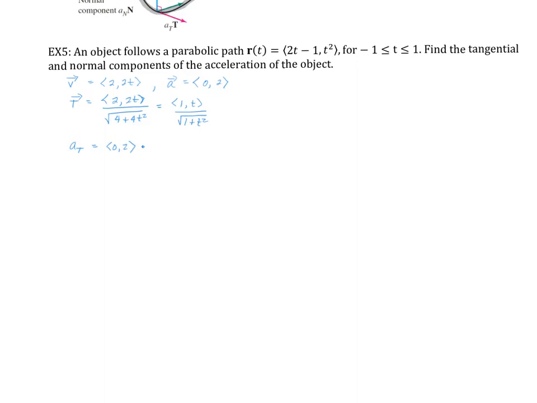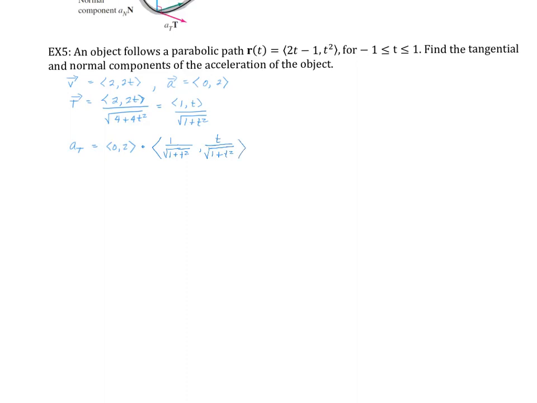So it might be easier to dot them if I write my tangent vector as a single vector, 1 over the square root of 1 plus t squared, t over the square root of 1 plus t squared.